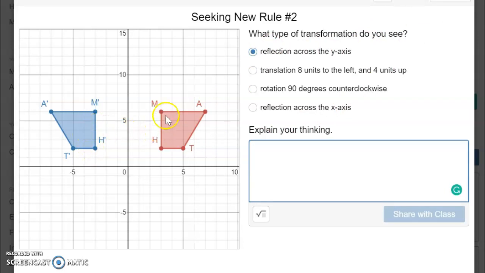How do I know? Because M is 3 units away from the y-axis and M prime is 3 units away, but in the opposite direction. And A is 7 units away from the line of reflection, and A prime is 7 units away, but in the opposite direction, to the left, and so on.